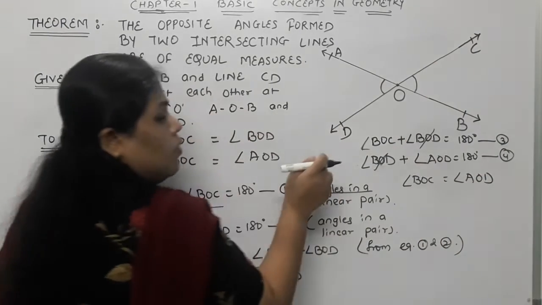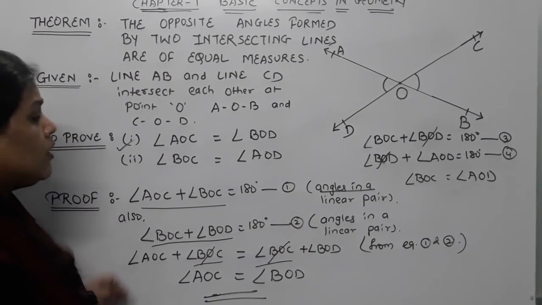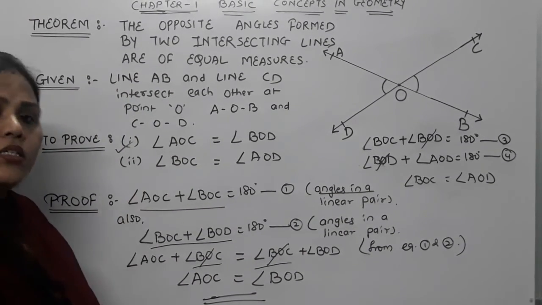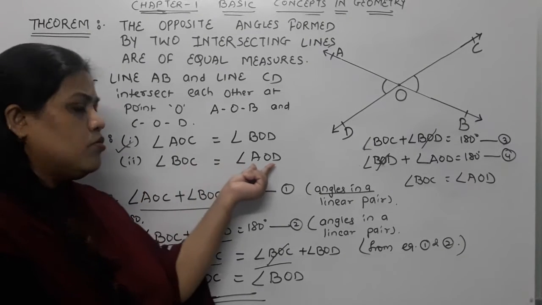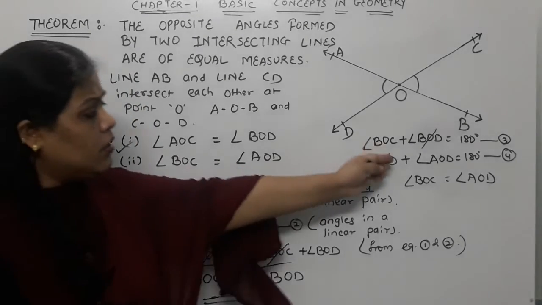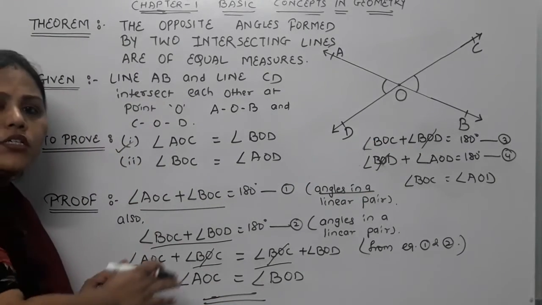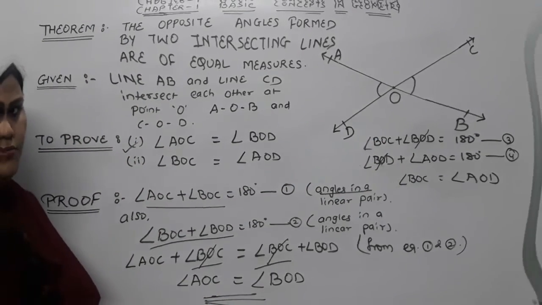BOC is equal to AOD, right? This way we can prove that the second part also is equal. Angle BOC is also equal to angle AOD. This we can prove in this second part, right? So here our first theorem is over.